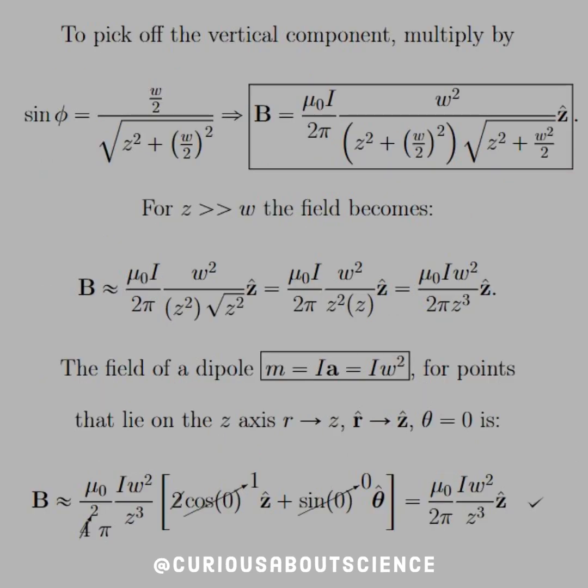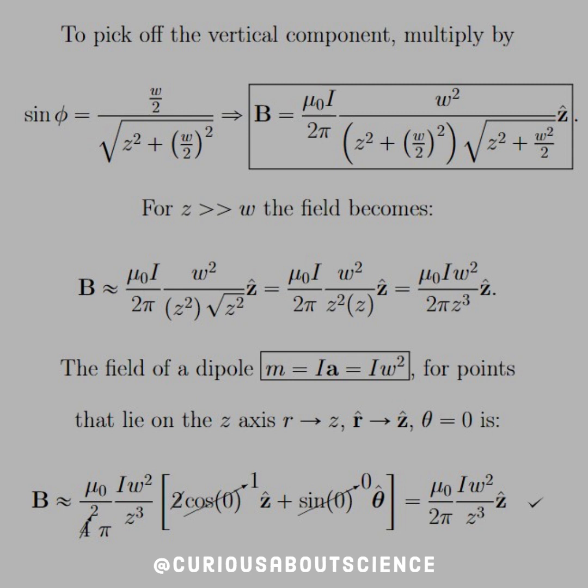So with the interest of the vertical component, so we can compare to z much, much greater than w, we have to multiply by another factor of sine phi, which is defined as w over 2 over the square root of z squared plus w over 2 squared. Again, we got that from the specific geometry, not the angular geometry to the corner, like the sine of thetas were. Okay, fair enough. So we plug all that in.